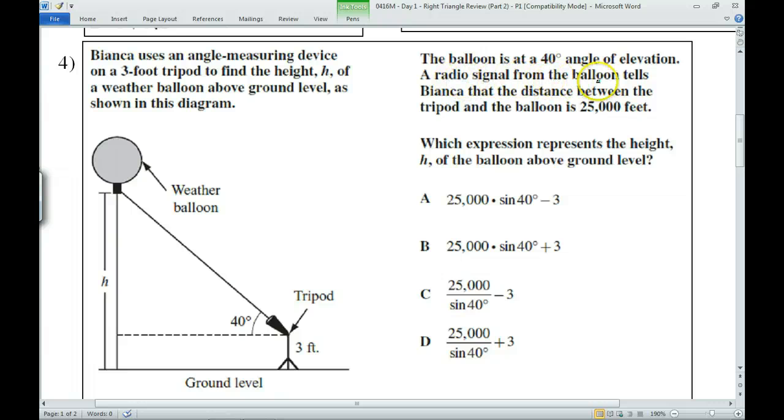A radio signal from the balloon tells Bianca that the distance between the tripod and the balloon is 25,000 feet. Now, focus on this. Where will this 25,000 go in the picture? Is it 25,000 along the bottom of this triangle, or is it 25,000 along the hypotenuse?